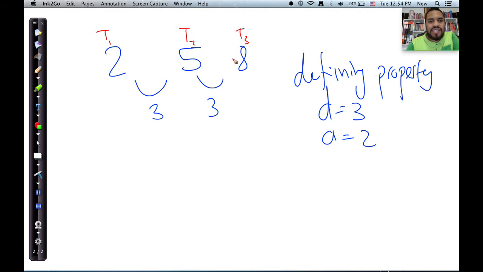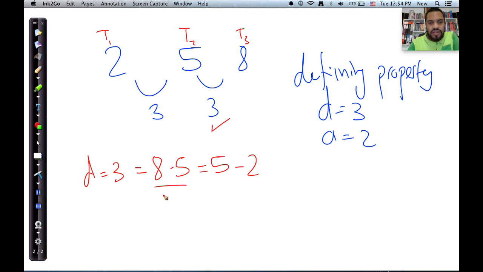Every subsequent term minus the previous term, so for example 8 minus 5 will give me this 3, and 5 minus 2 will give me that same 3. So d is equal to 3, which is the same as saying 8 minus 5, which is the same as saying 5 minus 2. Okay, all of those equal to 3. And that's what we mean by the defining property.